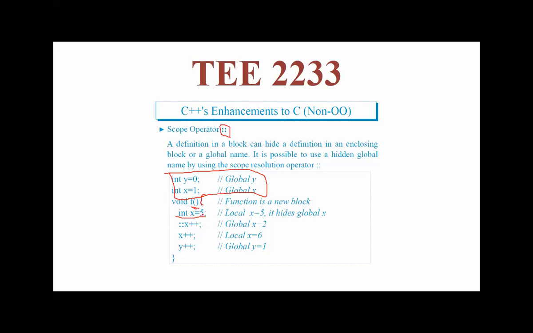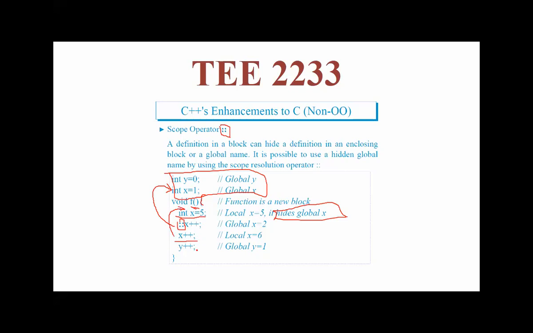So int x = 5, this becomes the local variable, right? It kind of hides the global variable x. But when you want to access the global variable x, you put this double colon, which is your scope operator. Because of that, you will be referring to the variable outside the block. But if you just put x straight away without this double colon, you are dealing with the local variable x.